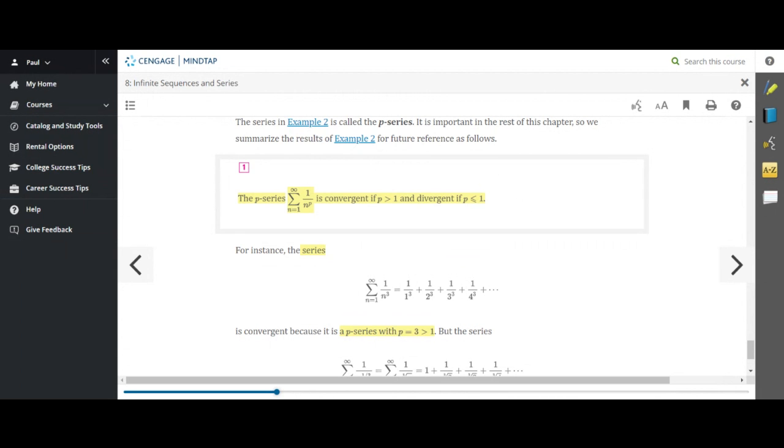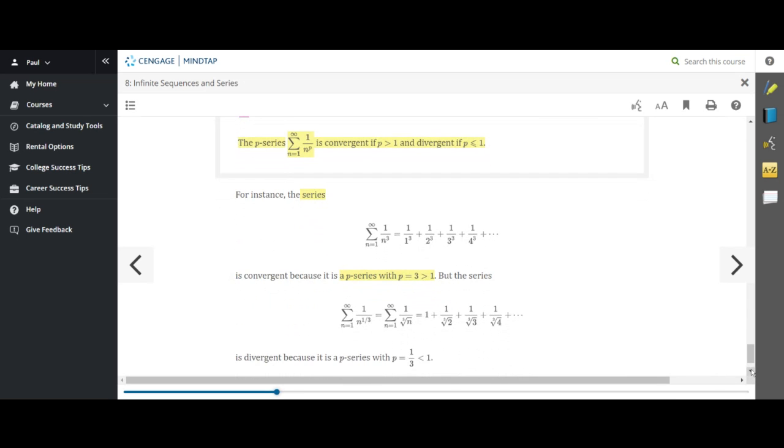So this is no different than if you have the integral of 1 over x to the pth power dx, where your limits are 1 to infinity. That improper integral would converge if p is greater than 1 and diverge if p is less than or equal to 1.